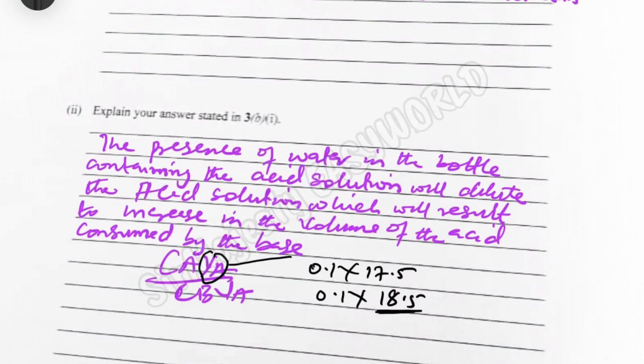So diluting the base will lessen the endpoints, but diluting the acid will automatically increase the endpoint because more of the acid solution will be consumed. Diluting means lessening the number of moles dispersed, then increasing the water part of it. Okay, let's see the next question.